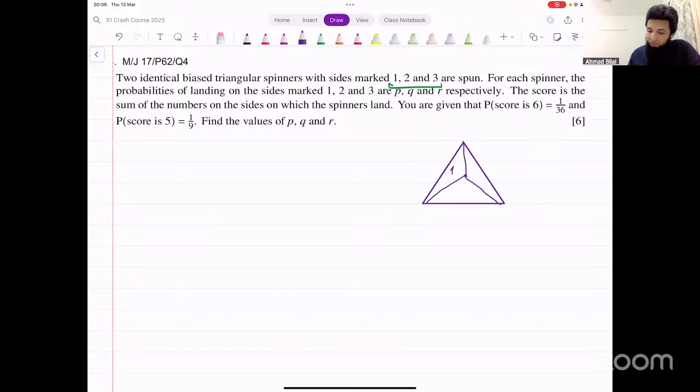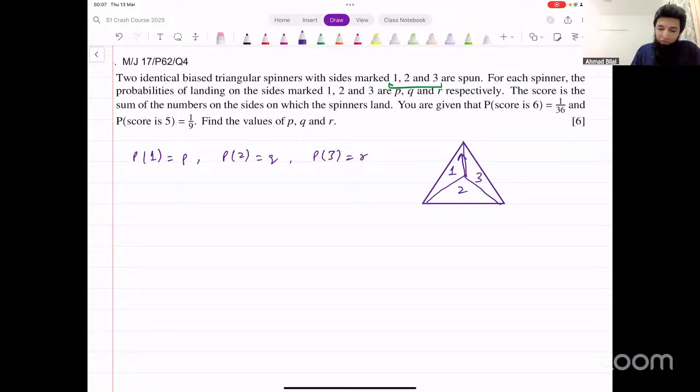So let's say we have 1 here, we've got 2 here, and we've got 3 here. So we are spinning this, and then we have some probabilities of the spinner landing on 1, 2, and 3. We are given that the probability of 1 is equal to P, probability of getting 2 is equal to Q, and the probability of getting 3 is equal to R.